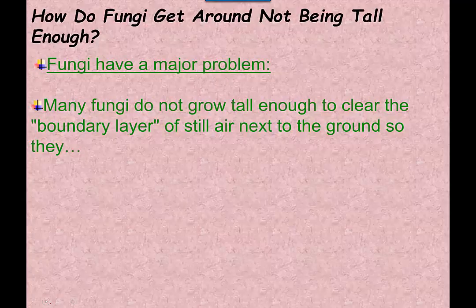Many fungi do not grow tall enough to clear the boundary layer of still air next to the ground. What that means, this boundary layer, is if we look at the ground and we're talking about air currents, then we have the ground here. This is the ground. The mushrooms, the fungi, if it's a big mushroom, it'll sit like this, but a lot of them just lay flat on the surface.